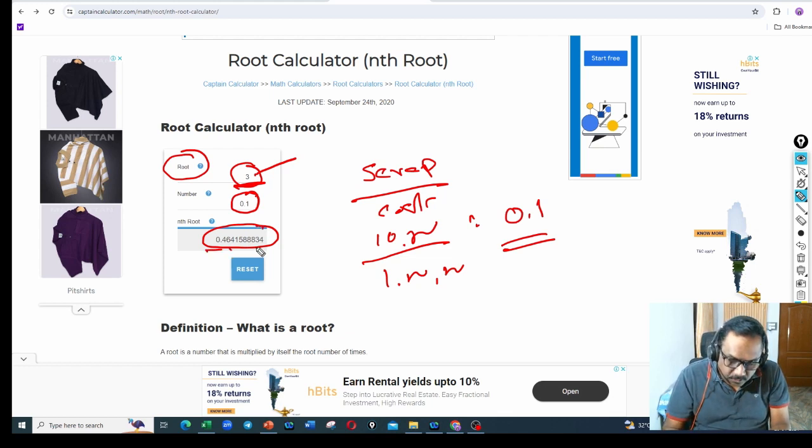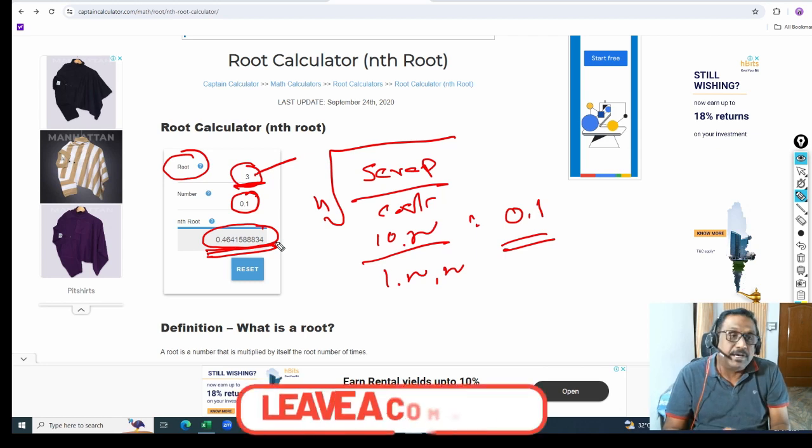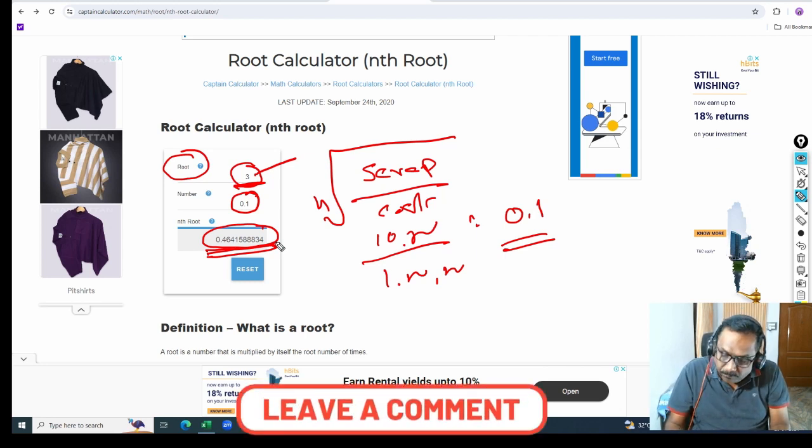You need to take the total figure. The nth root of scrap by cost of the asset is equal to 0.464158834.